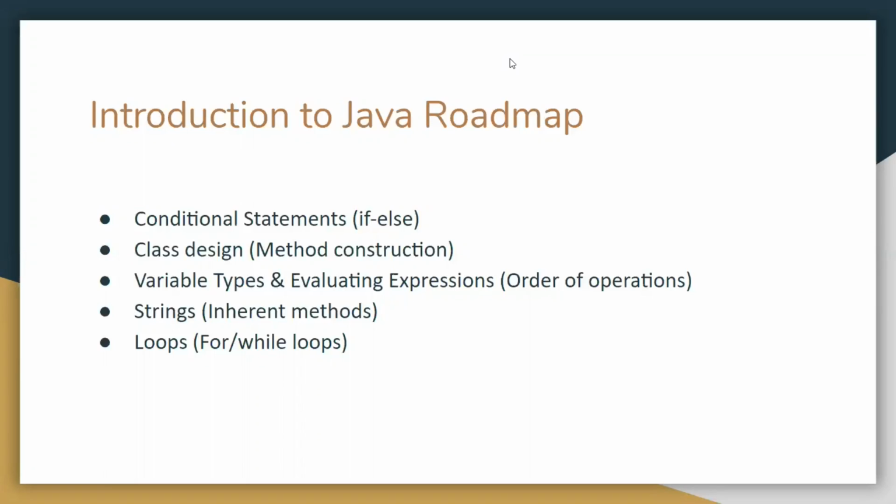Another variable type would be character and string. Then I also went over evaluating expressions, and part of this is knowing order of operations in regards to integers, and also that in Java, when you do a division that results in a decimal place for integers, Java will truncate it.